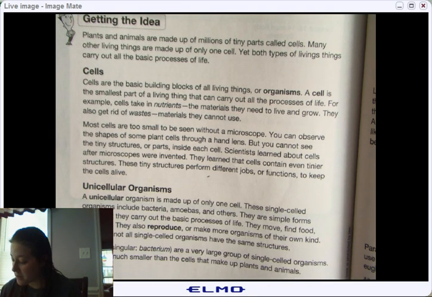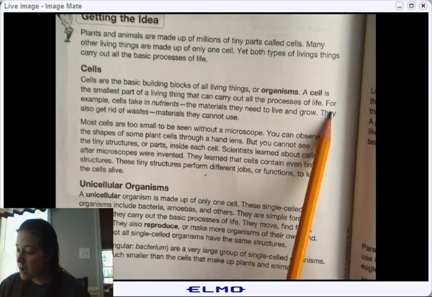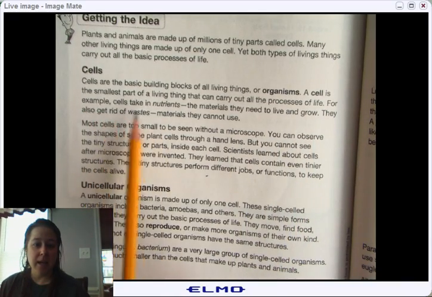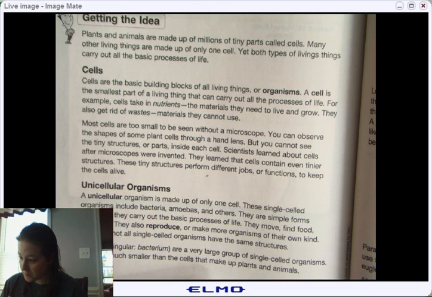Cells are the smallest part that carry out all processes of life, such as taking in nutrients and getting rid of waste. The shape of some plant cells can be seen with a hand's lens, but a microscope is needed for most cells.